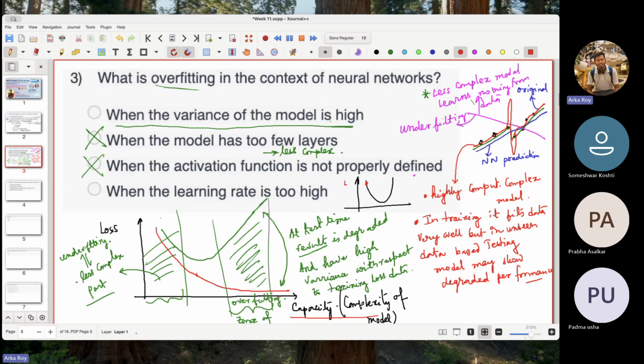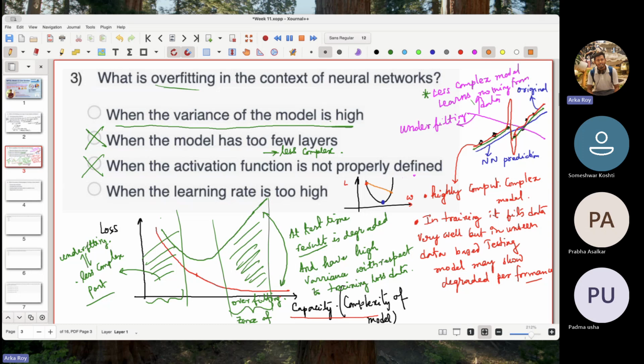This is loss, and this is with respect to the weight, which you update using gradient descent or the backpropagation method. You have to reach this optimal position through the optimization technique. If you have a high learning rate, what will happen?